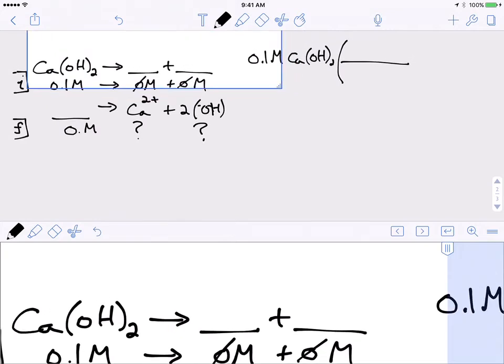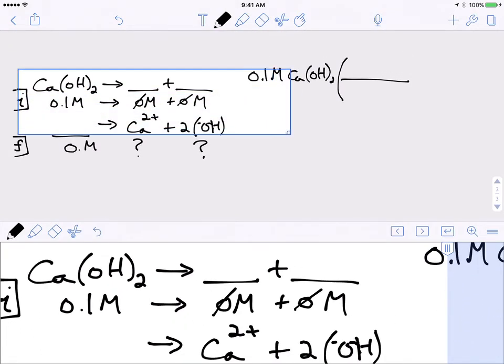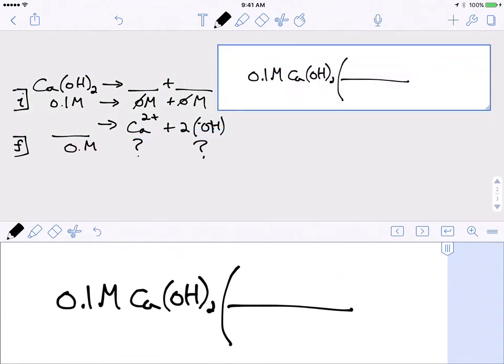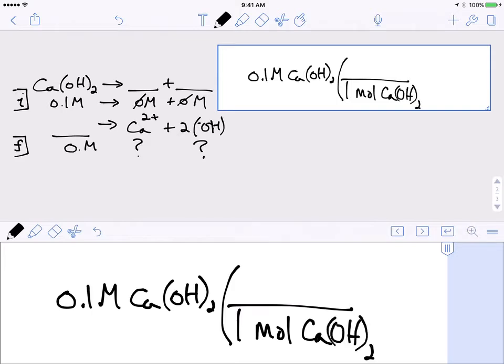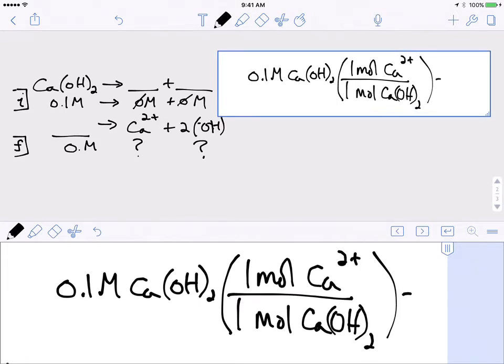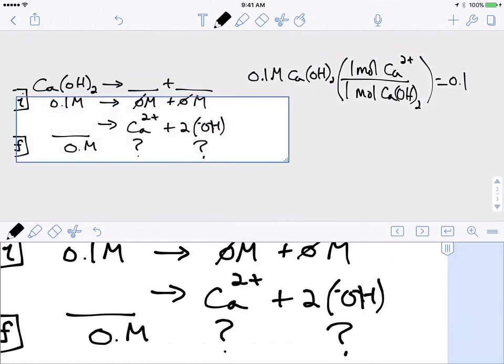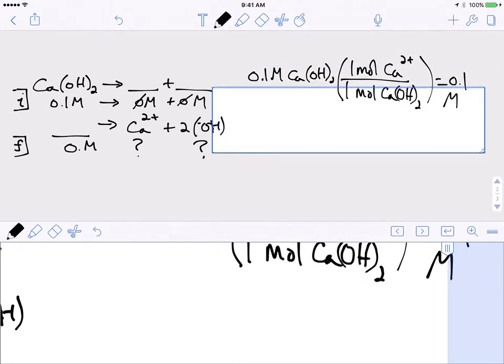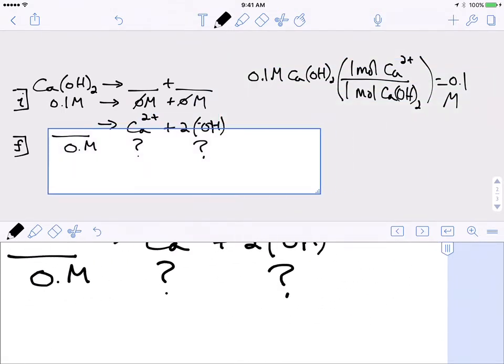Now, if I look back, I have 1 mole of CaOH2 to 1 mole of calcium ion. All right, and we can solve that. That gives us 0.1 moles, or moles per liter, molarity. Excellent. So let's go back here and fill that in.